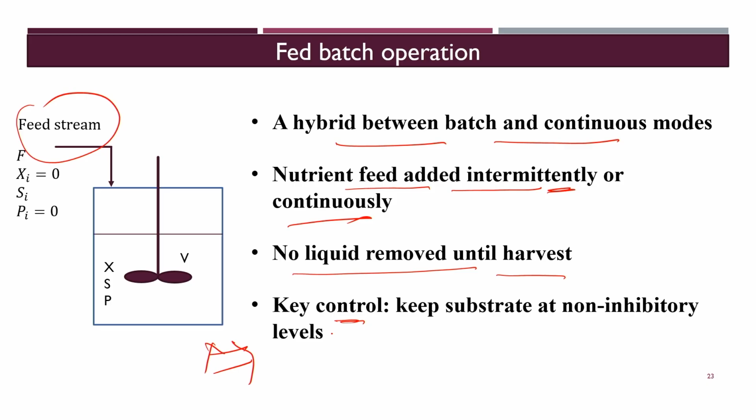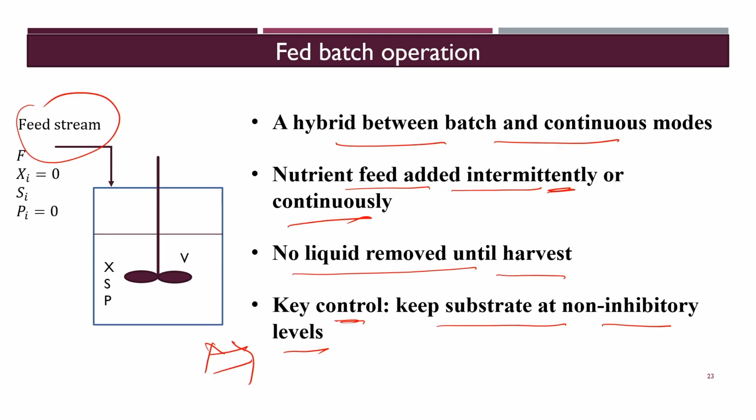So, mostly it controls the substrate level inhibition, because whenever there is inhibition because of high concentration of substrate, then we can devise the feeding strategy in such a way that substrates are effectively utilized. Mostly, the fed batch culture is operated with cells.